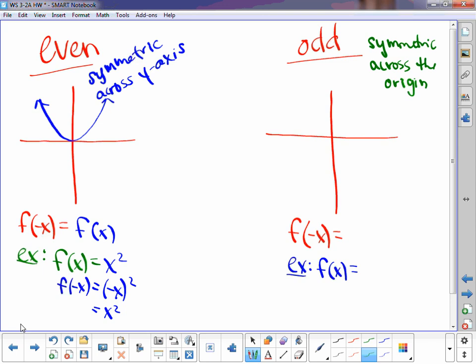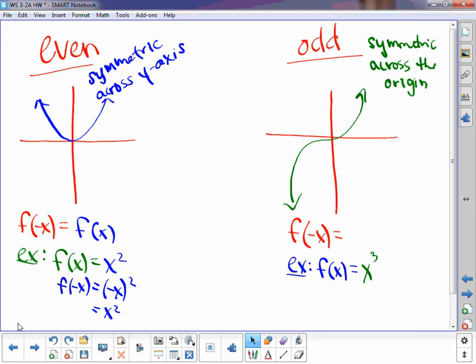So 180-degree rotation, or what I think is a little bit easier to think of is flipped across both the x-axis and y-axis. You can think of a pretty simple example for this one. X cubed. X is also true, but x cubed is a little more exciting. Alright, so let's take a look at x cubed.